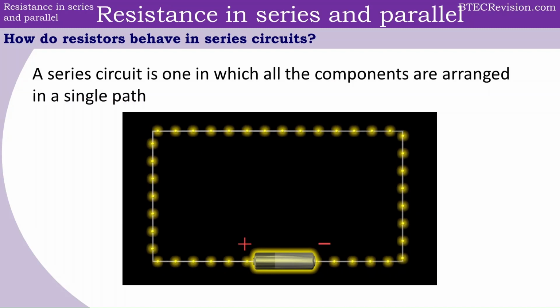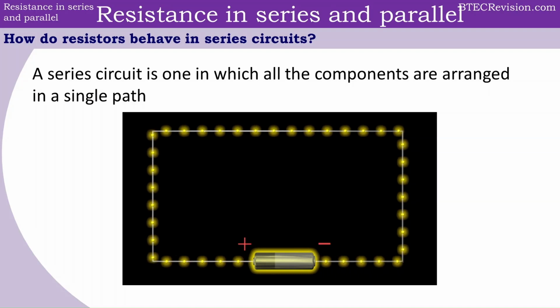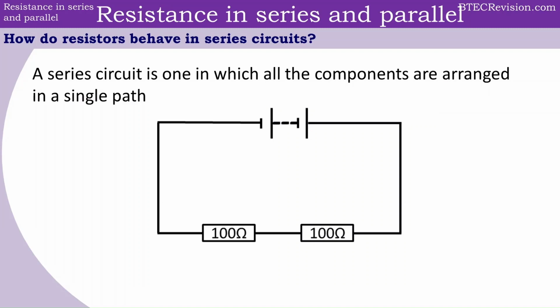Since the charge has no other path to flow, the current must remain the same in series circuits. However, the voltage would change. For example, if we take a look at this circuit, we have a battery. Let's say it's 10 volts, and it's connected in series with two 100 ohm resistors.